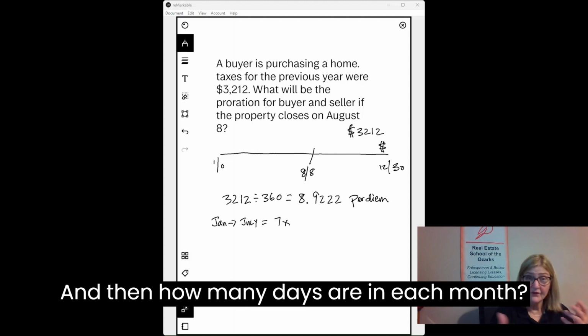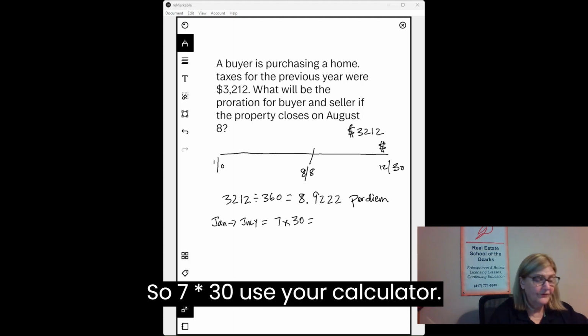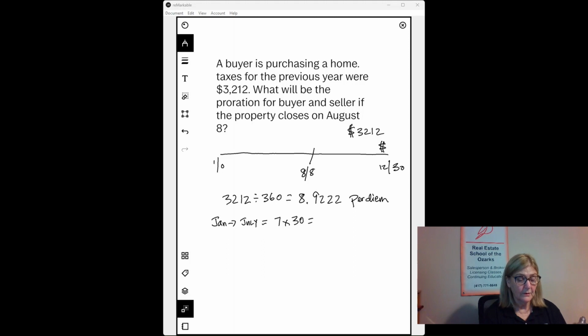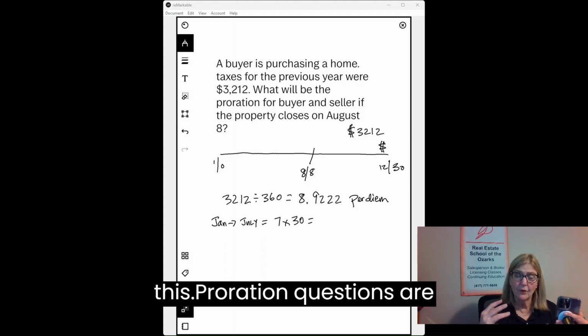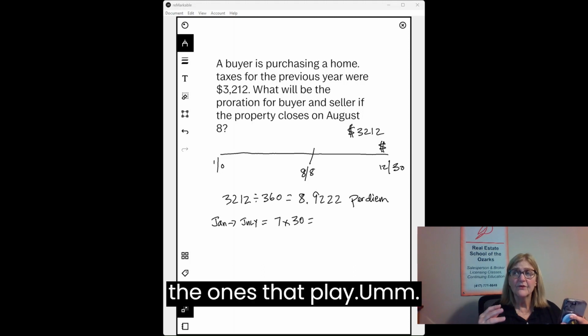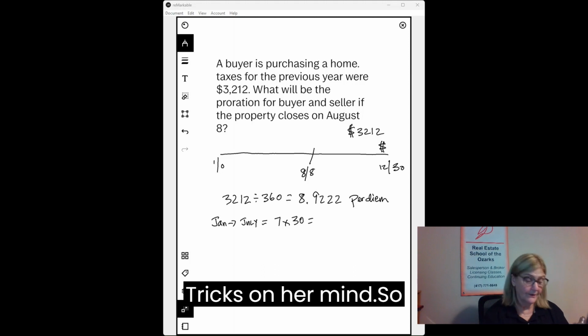And then how many days are in each month? 30. So 7 times 30, use your calculator. I know you know this, but you want to make sure you have it right. These proration questions are the ones that play tricks on our mind.